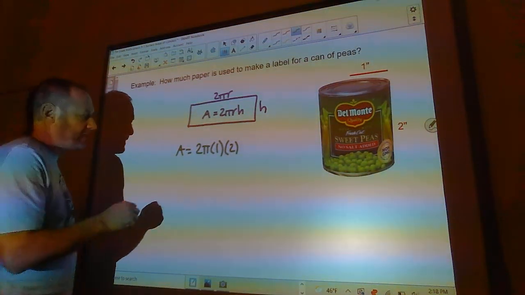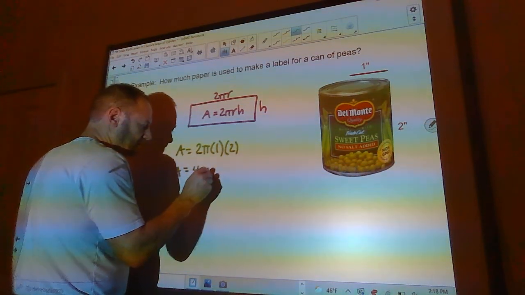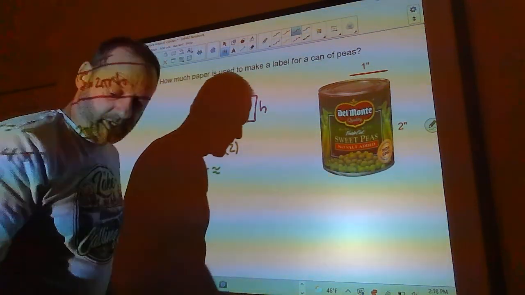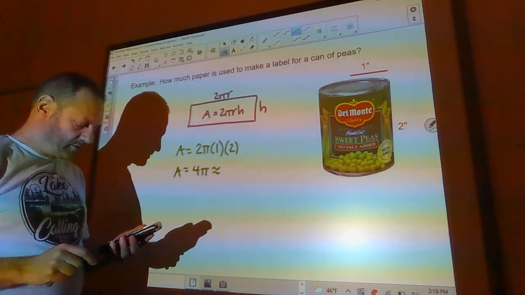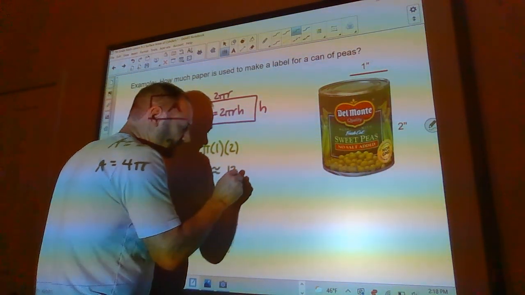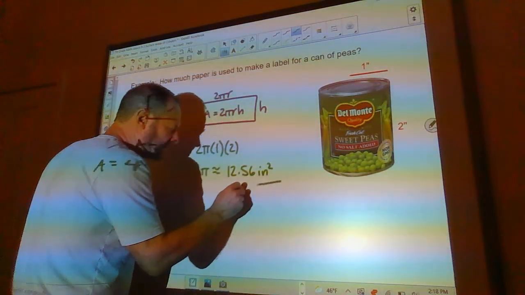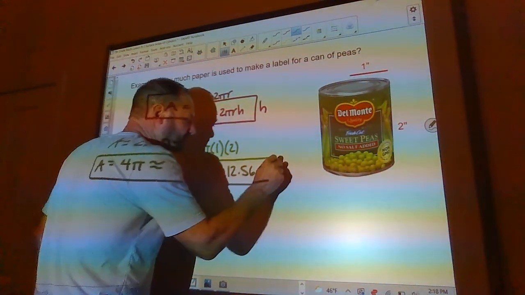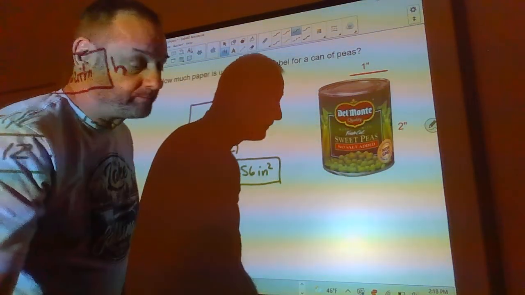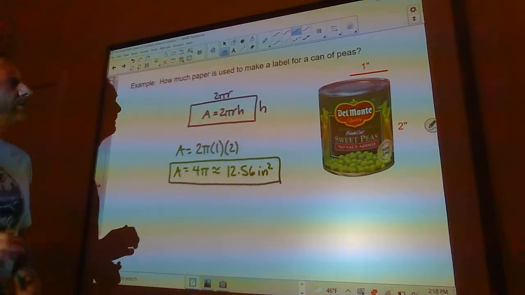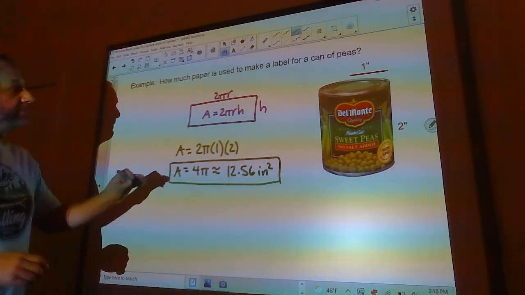Okay, and so this comes out to be 4 pi, which is approximately 12.56 square inches. Okay, so you got to be careful what they're asking you for. They're asking you for the surface area. In this case, they're asking you for the lateral area. Okay, so piece of cake for that one.